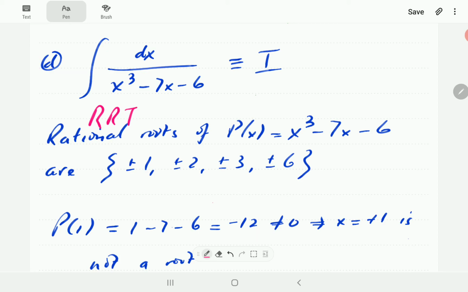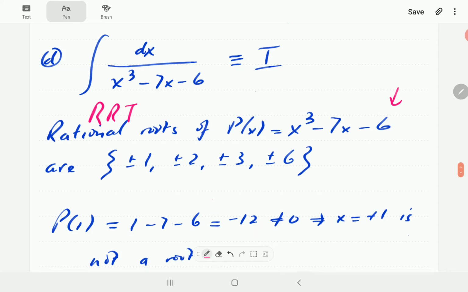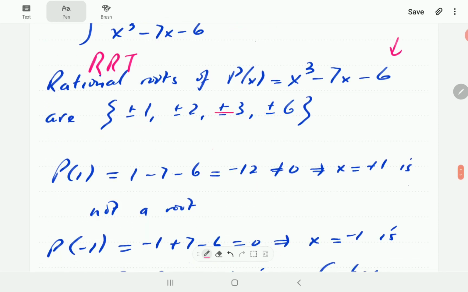That theorem says the roots of x cubed minus 7x minus 6 are just factors of 6. So that means we're talking plus minus 1, plus minus 2, plus minus 3, and plus or minus 6. So if you try these ones and substitute them in here by the remainder theorem, if any one of them is a root, then plugging in here is going to give us 0.